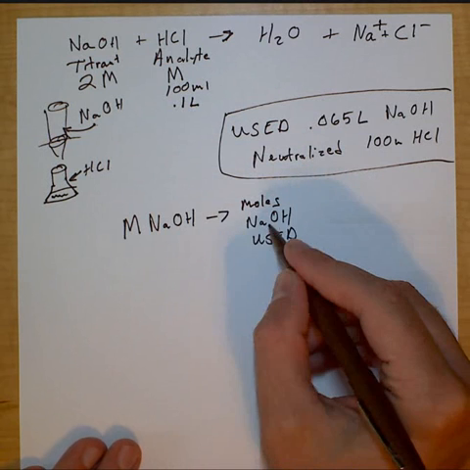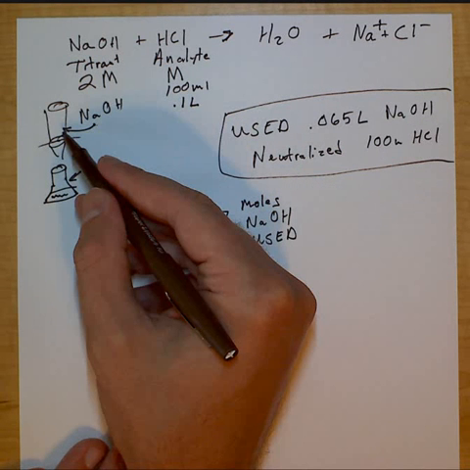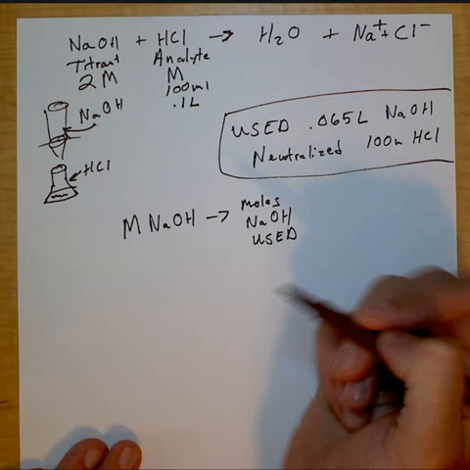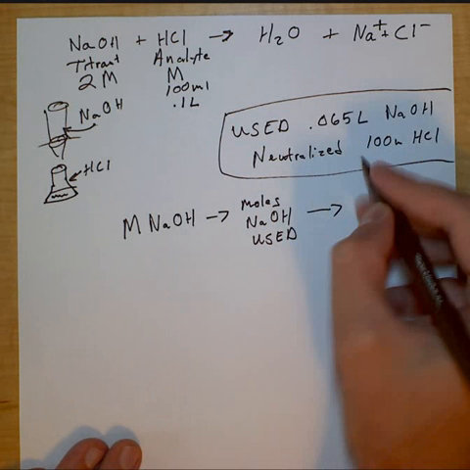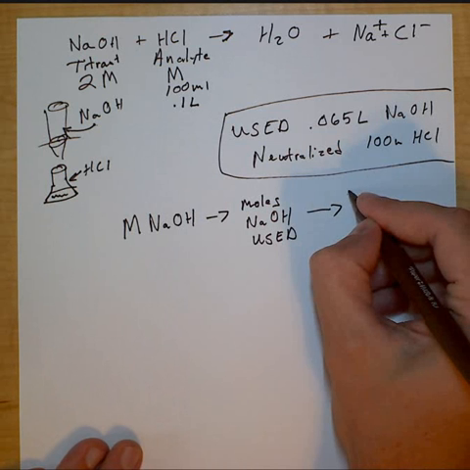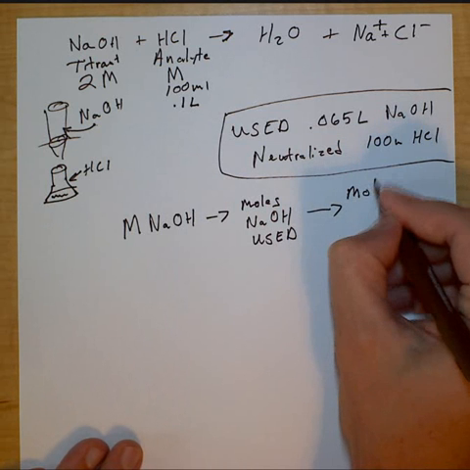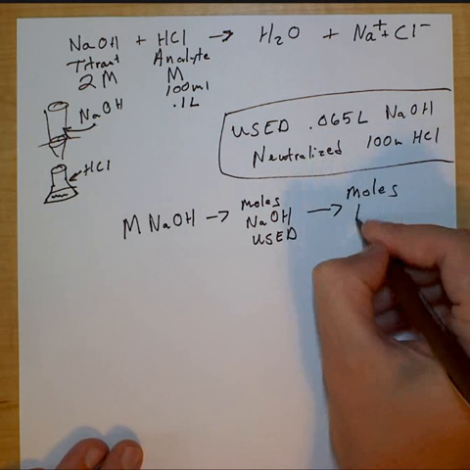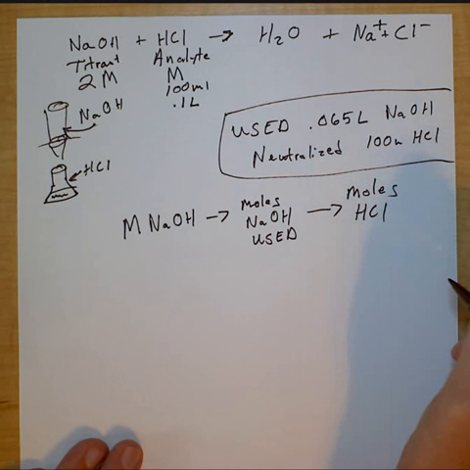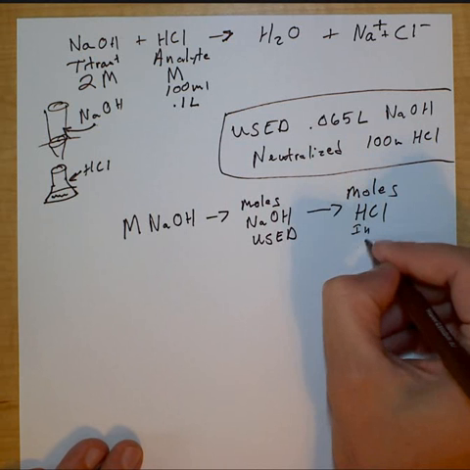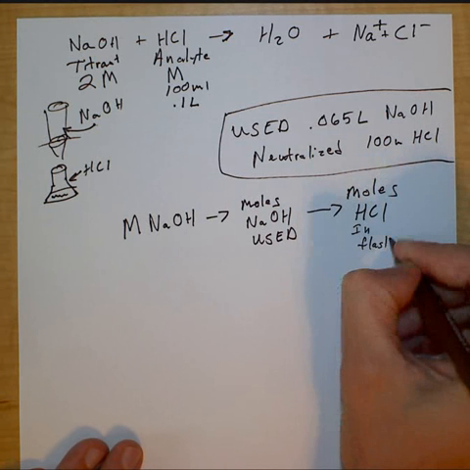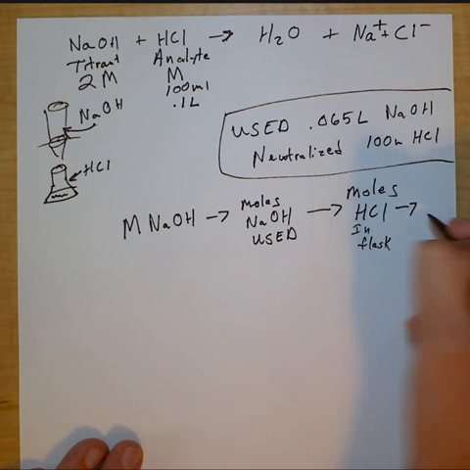From the number of moles of NaOH, we're going to do a stoichiometry problem and determine the number of moles of hydrochloric acid, the hydrochloric acid in the flask. And then finally, we're going to find the big M, or the molarity, of the HCl solution in the flask.